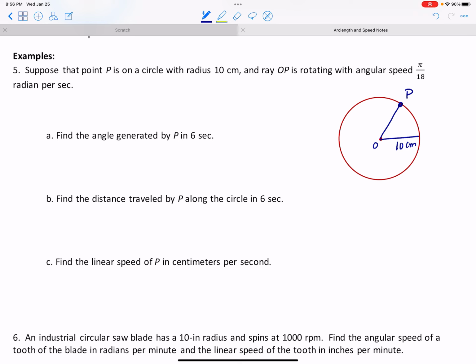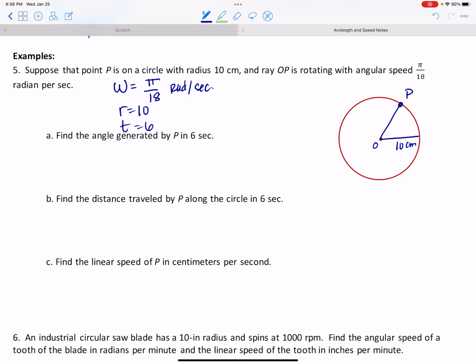OP, that's the terminal side of that angle, is rotating with an angular speed of pi over 18 radians per second. So that means omega, our angular speed, is given to us. Pi over 18 radians per second. And again, the radius was given to us as 10. And then if we look at part A, it gives us another thing here. It says to find the angle generated by P in 6 seconds. So we also know that the time is going to be 6 seconds.